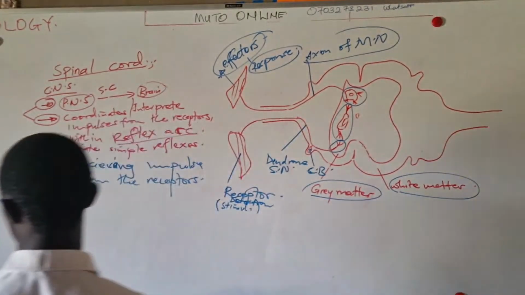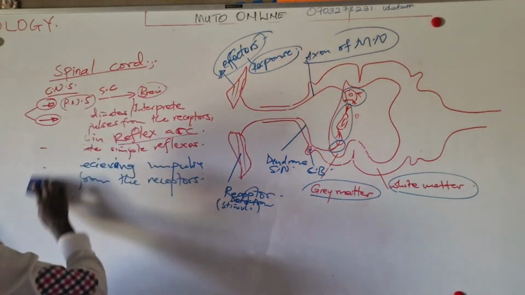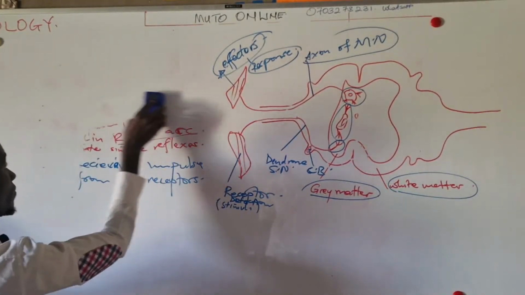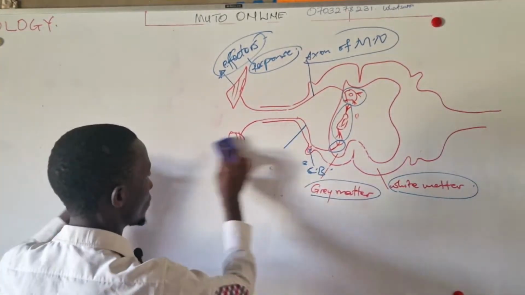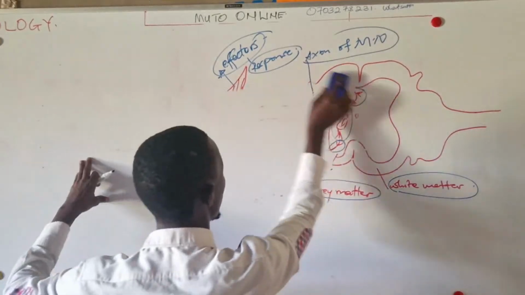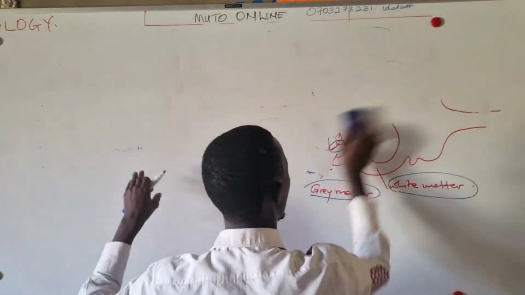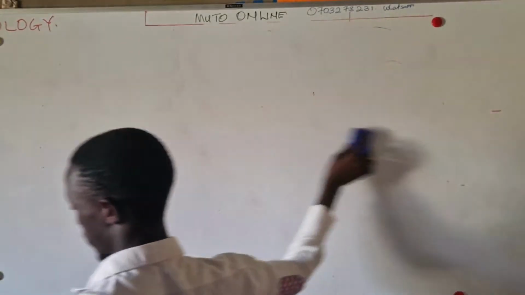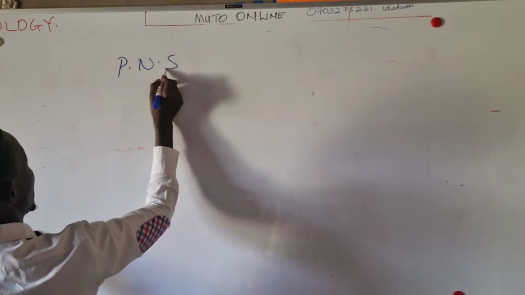So this leads us to what we call the peripheral nervous system.